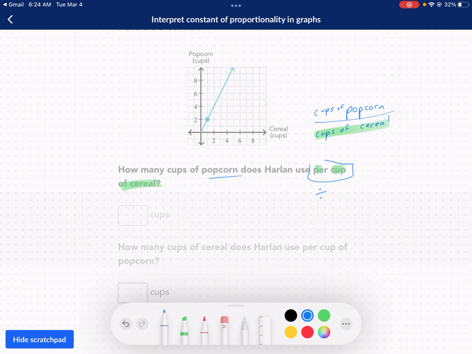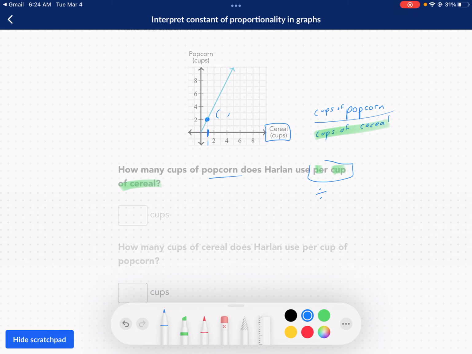So we just need to look at our graph here. On our graph, here's our point, and that point is 2, and that represents the popcorn, and then comma, whoops, that's incorrect. I messed this up. So our first one, our x-coordinate, is 1. My apologies here.